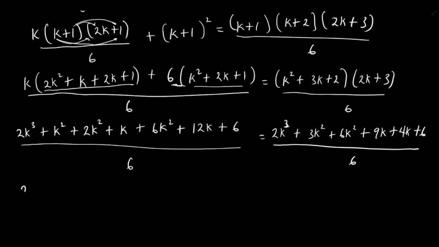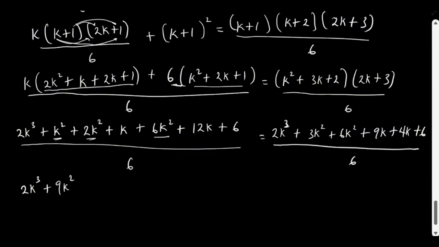So we have 2k cubed, we have k squared here, we have k squared here, we have k squared here. So k squared plus 2k squared is 3k squared, plus 6k squared, we have 9k squared, plus we have k here, we have k here.